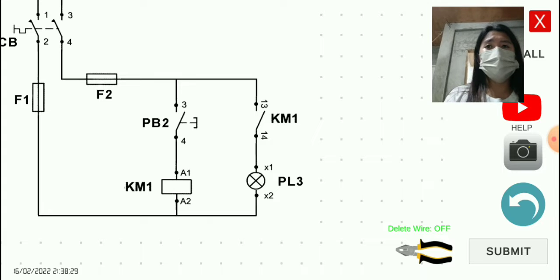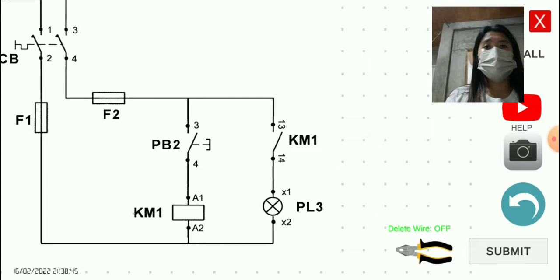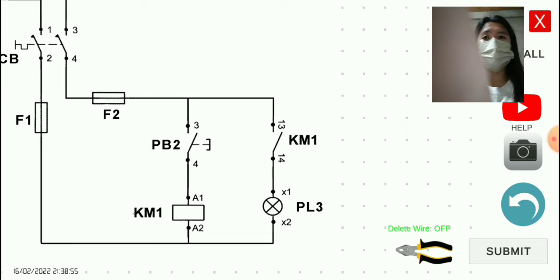However, if we press this PB2, the current will now be able to flow through this KM1, making it energized. We will hear the sound, tick tock. After we hear that sound, this KM1 13 and 14, the normally open contact, will now close.